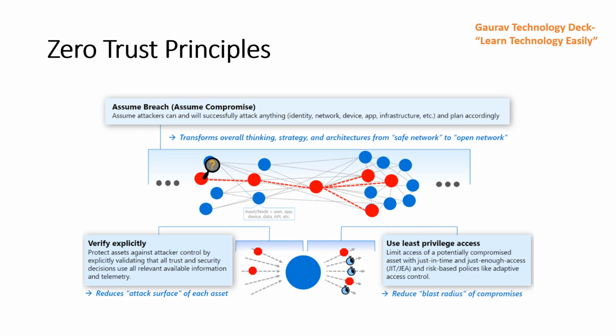So basically zero trust revolves around three basic principles. The very first important principle of zero trust is verify explicitly. And what is this?